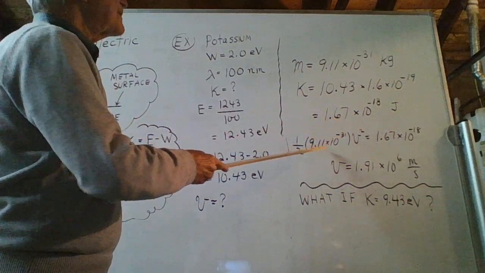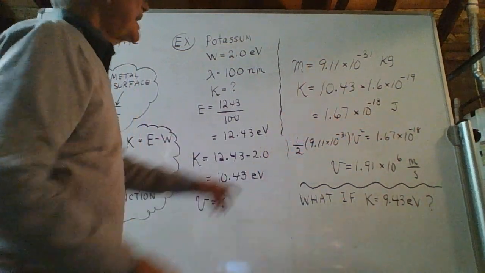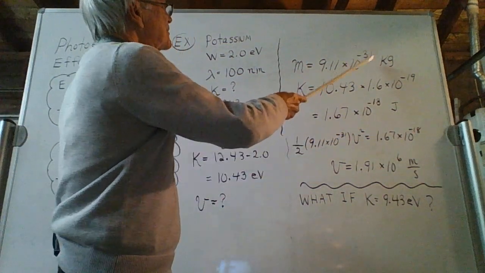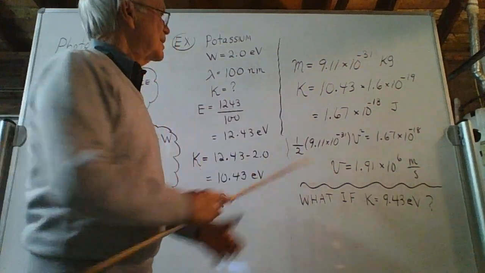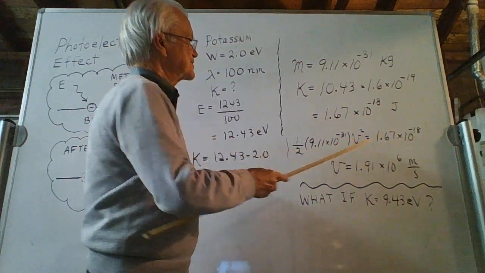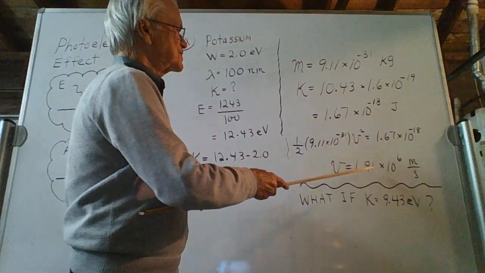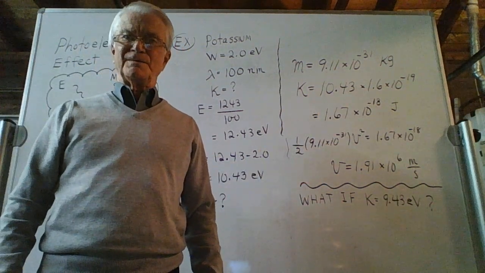It's the 1/2 mv squared value, where m, shown here, also up there, is the mass of an electron. 1/2 mv squared equals the kinetic energy here. Solve this equation for V, and this is what I got. I hope that's what you will get too.